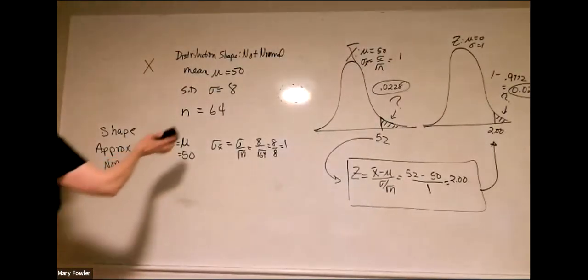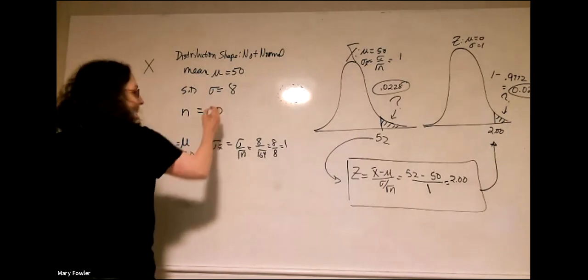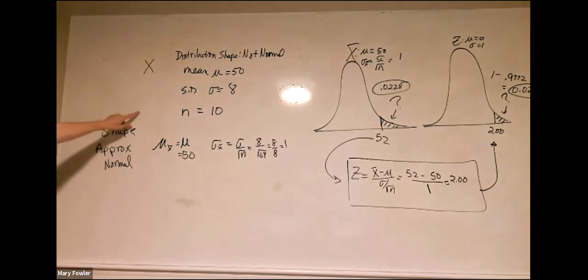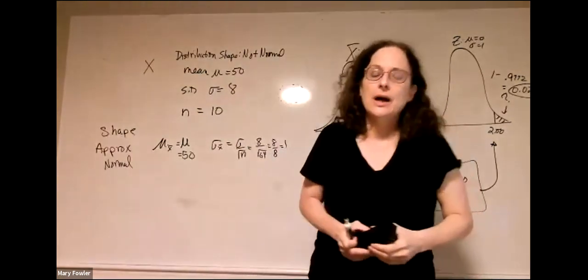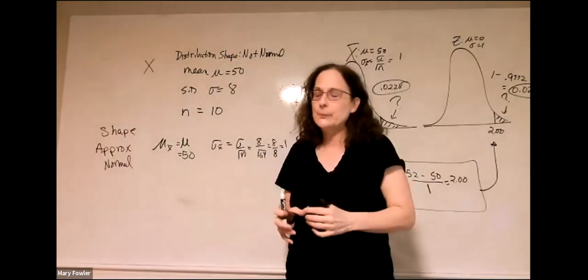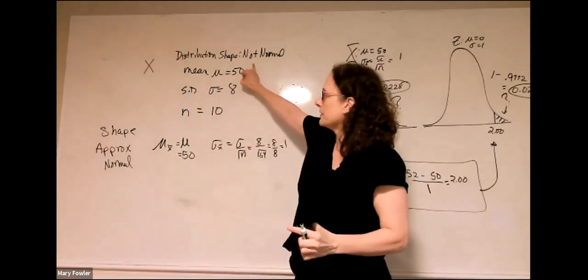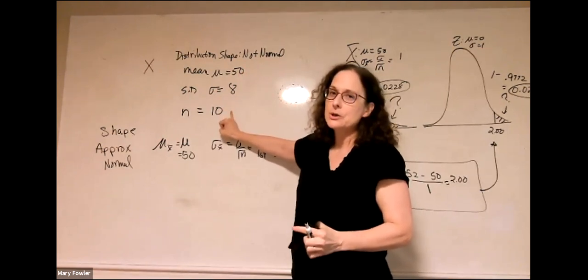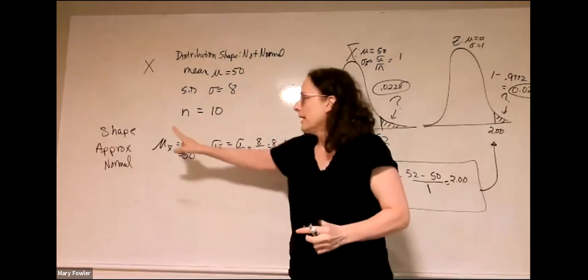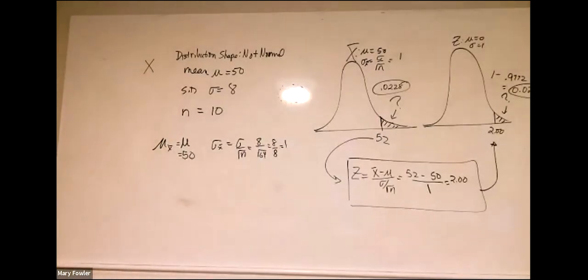So the new problem has a sample size of 10. Okay. And so now we have to go back to the chapter 7 results table. And we see that we have a parent population that is not normal and a sample size which is small, less than 30. So we're on the second row in the table. And now, then, the shape of the distribution of X bar is unknown.